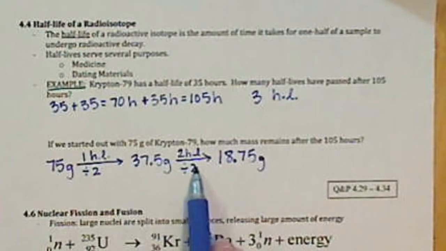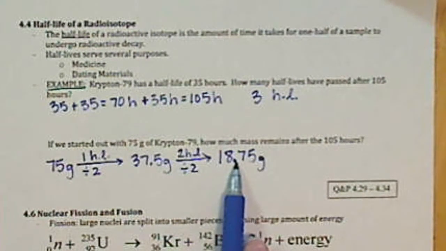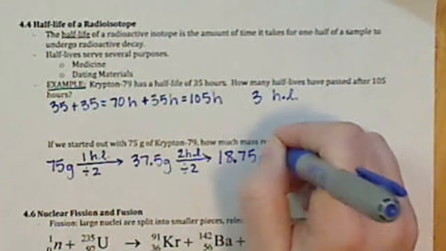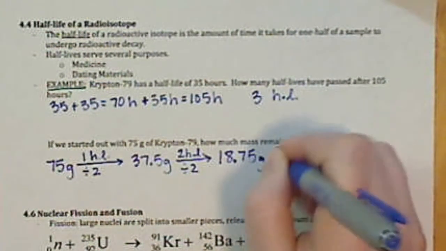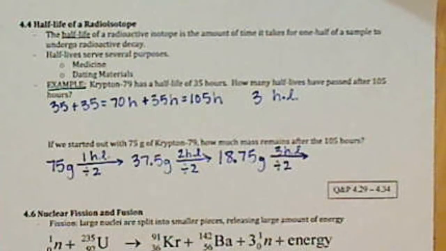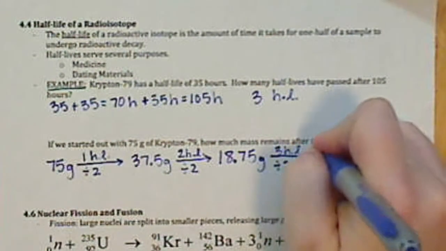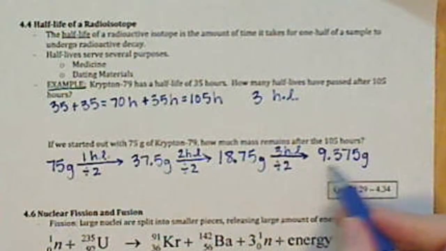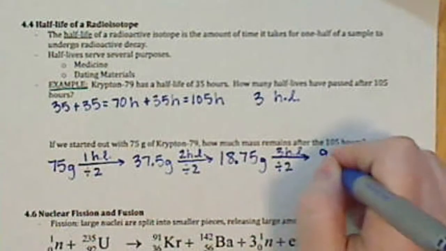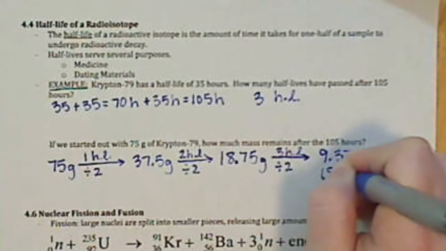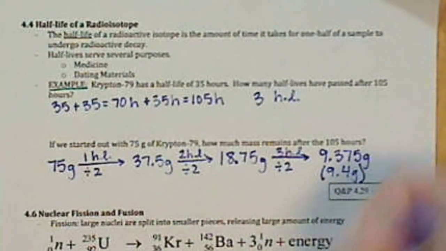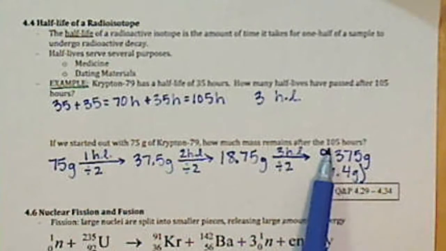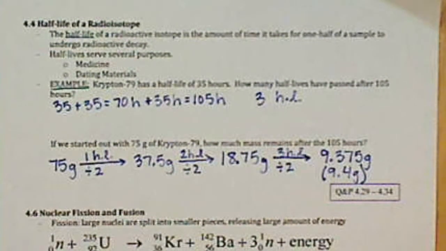So after 2 half-lives, we have 18.75 grams of material remaining. Then for our third half-life, again, we're dividing by 2, and we get 9.375, which really, our sig figs are now getting a little out of control. So really this is 9.4 grams. That's how much material is going to remain after 3 half-lives, so after 105 hours.